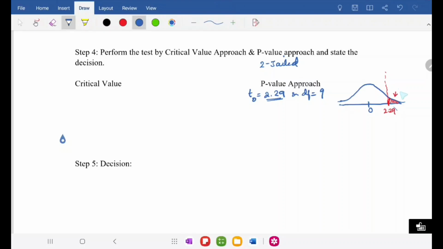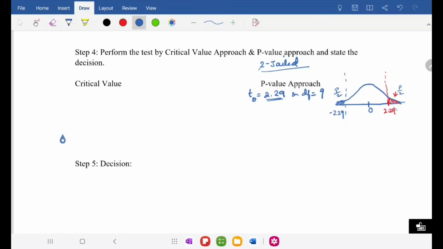It has to be doubled. So in other words, this is going to be the p divided by 2 value in a two-tailed test. Before we compare p with alpha in the next step, we will have to multiply it by 2 just because it's a two-tailed test, right? Let's put negative 2.29, although negative 2.29 is not our test statistic. Again, just because this is a two-tailed test, half of the p-value would lie on the left-hand side. All right, I hope that is clear.